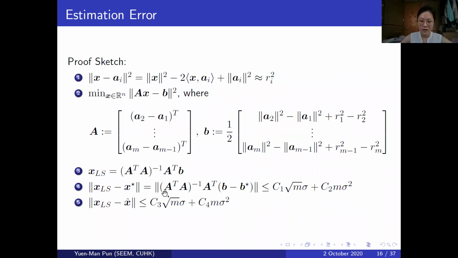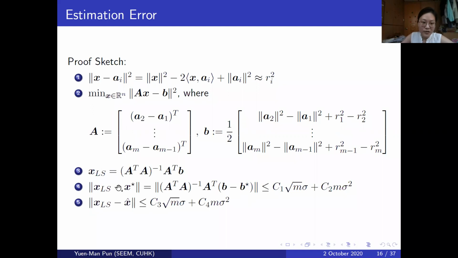Again we have A transpose A inverse A transpose times b minus b hat, where b hat replaces R_i with R_i hat. Then for b minus b hat, we again have terms like R_i squared minus R_i hat squared, and again we can use the noise assumption and upper bound this by a similar form: some constant times square root of m sigma plus some constant times m sigma squared.